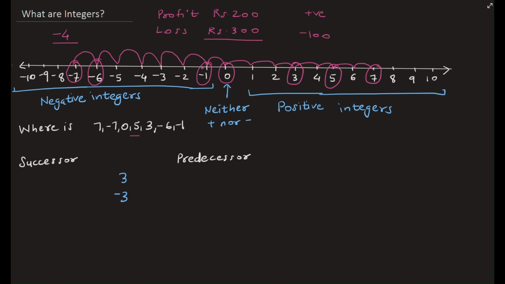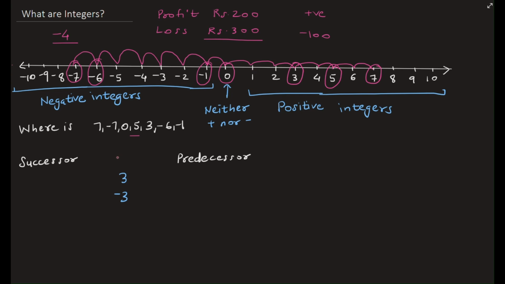Now that you have learned to represent positive and negative integers on the number line, the next thing to learn is successor and predecessor. Which number comes immediately to the left of 0 and immediately to the right? On the number line, if I move one step to the left of 0, I have negative 1.